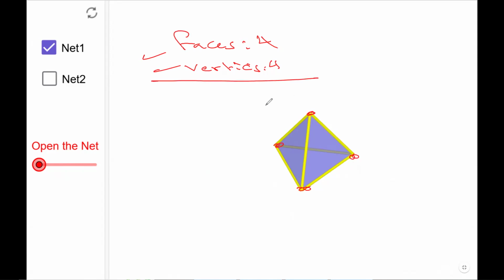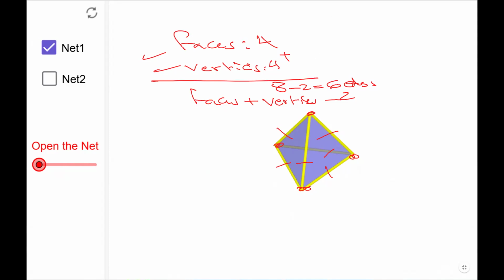You need to find the number of edges. You can count with me 1, 2, 3, 4, 5, 6. Or you can use the rule: the number of faces plus the number of vertices, then minus 2. 4 plus 4 equals 8, minus 2 gives you 6 edges.